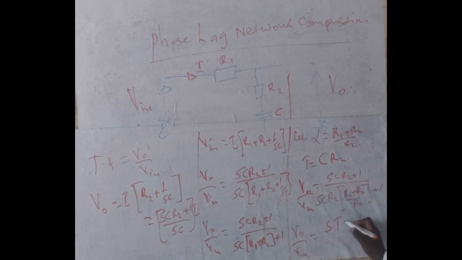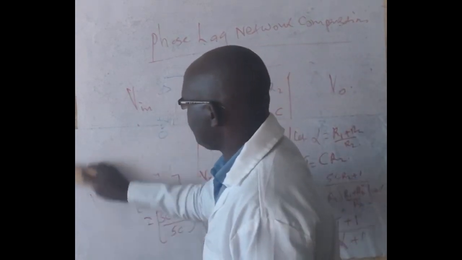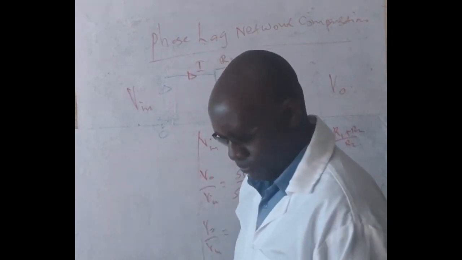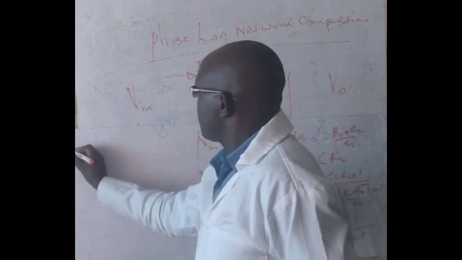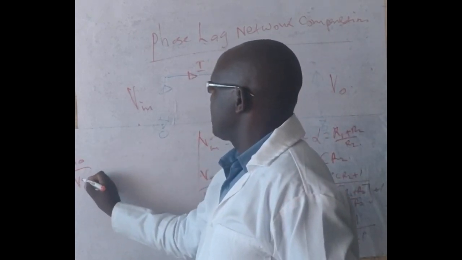So we shall have V out all over V in equal to SC R2 plus 1 all over SC into R1 plus R2, plus 1.